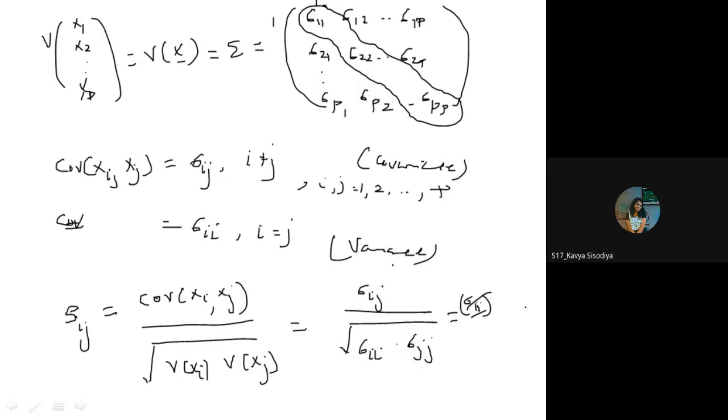First let me write sigma ij is equal to sigma ii raised to half, sigma jj raised to half. And this quantity, if I am writing on the left hand side, it should be multiplied with that.